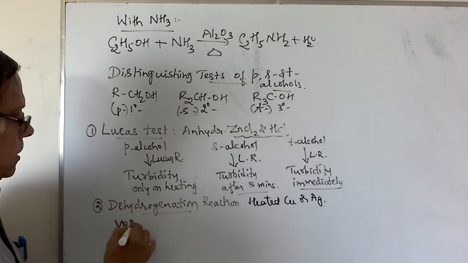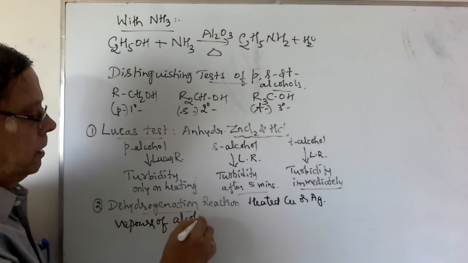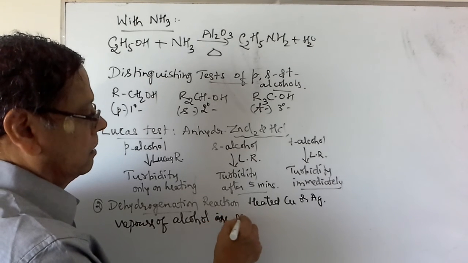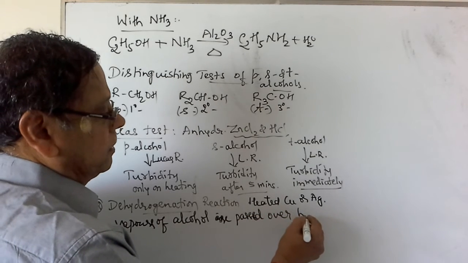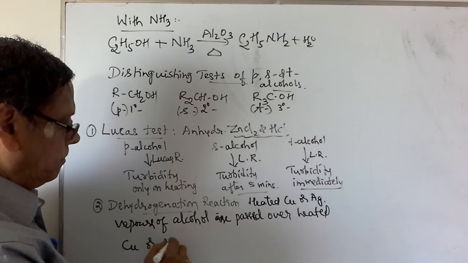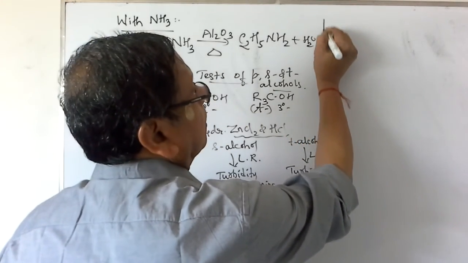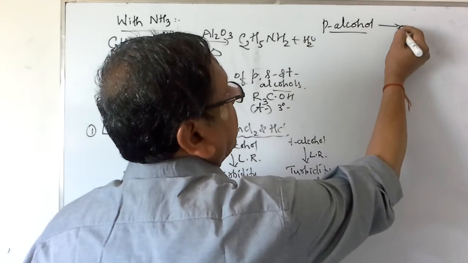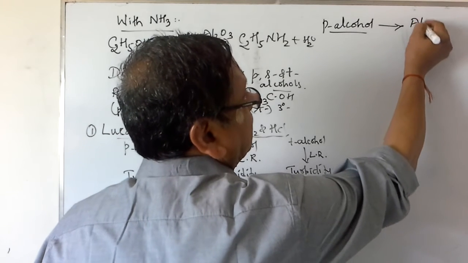So, vapors of alcohol are passed over heated copper or silver metal. Then what happens is, in case of the primary alcohol, it undergoes dehydrogenation to give rise to an aldehyde.